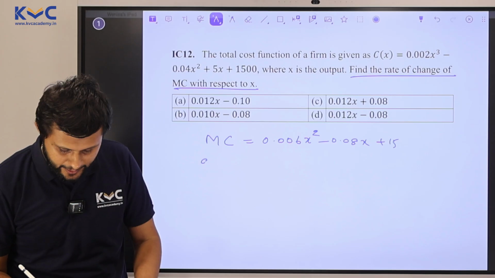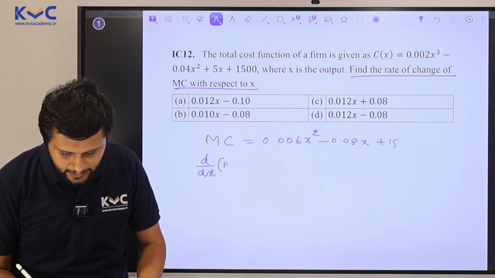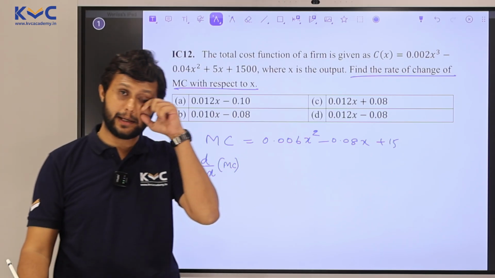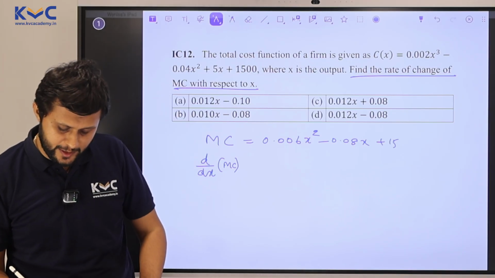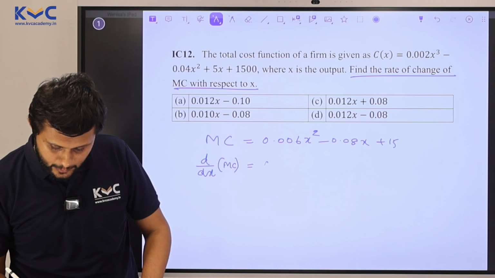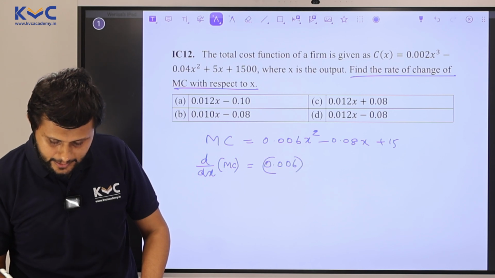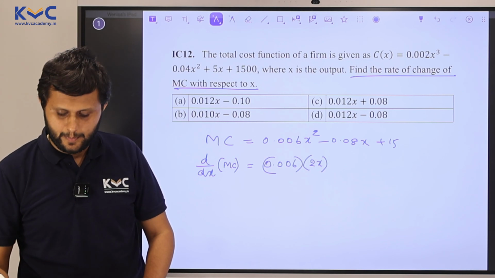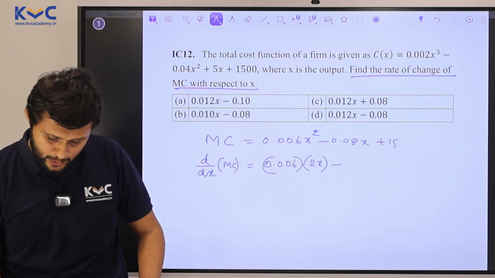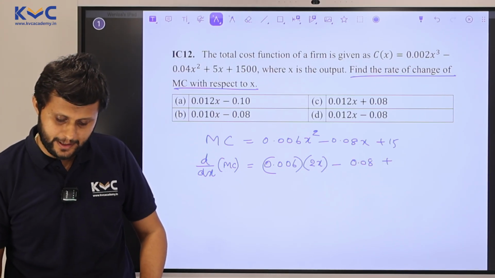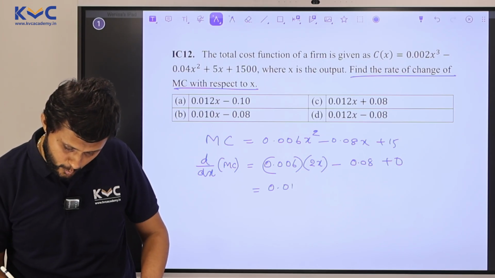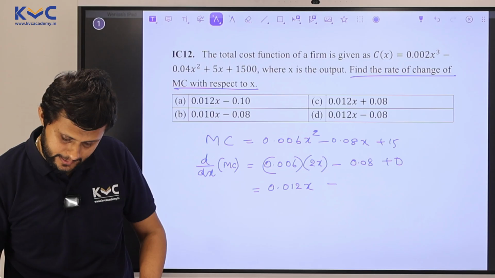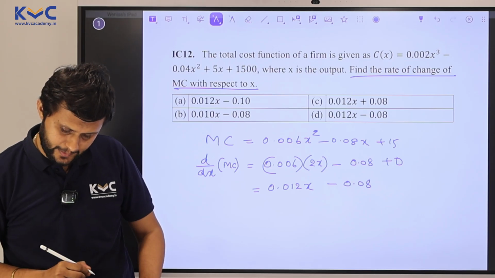We'll differentiate marginal cost, or we can say we have to take d square y by dx square of the cost function. Differentiating it, we get 0.006 into 2x minus 0.08 plus 0, and we get 0.012x minus 0.08.